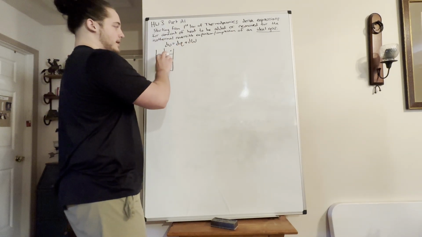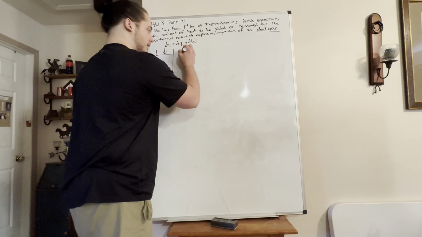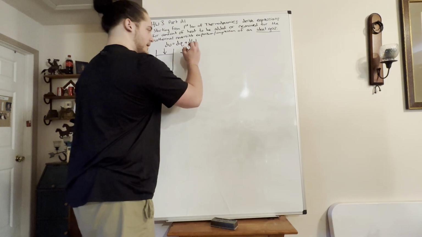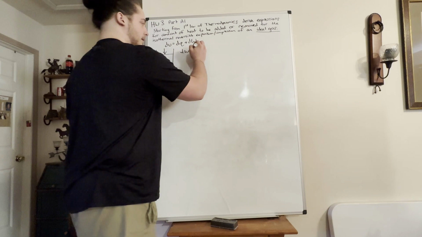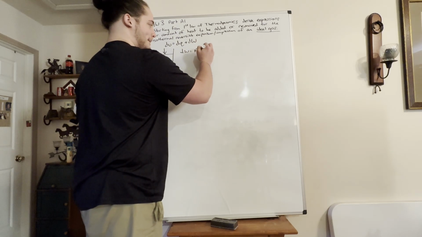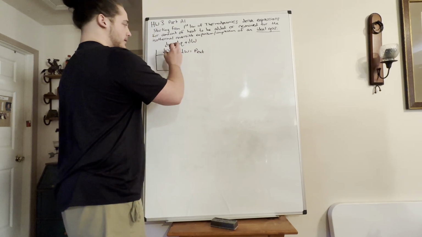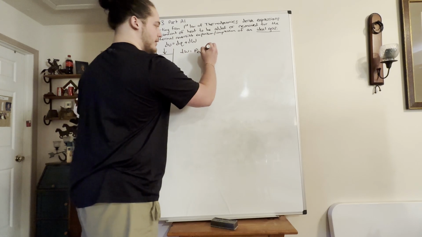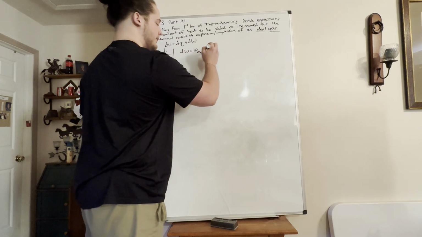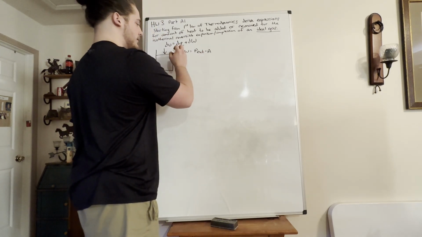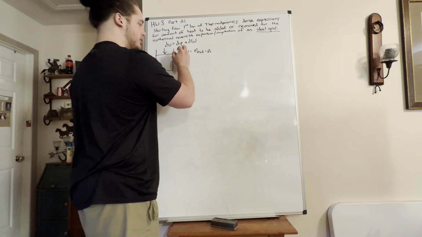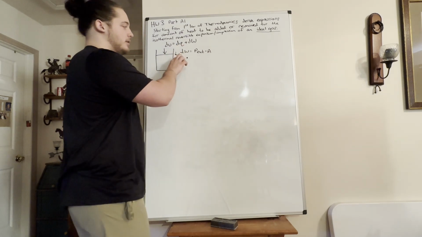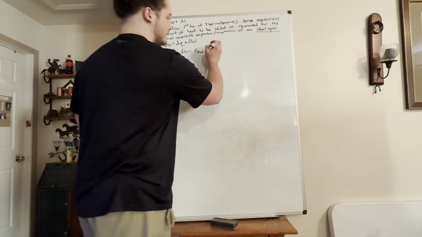And the differential amount of work is going to be defined as the external pressure times the cross-sectional area, and then times some change in distance, which we can denote as dx.